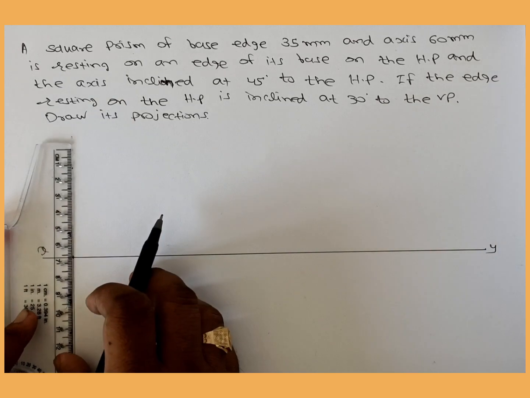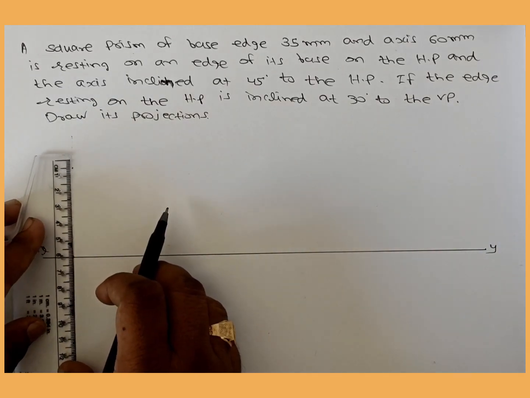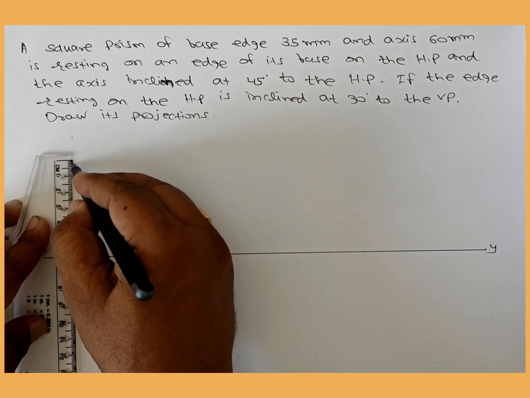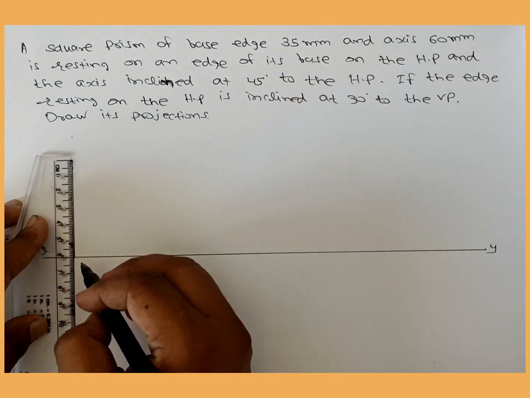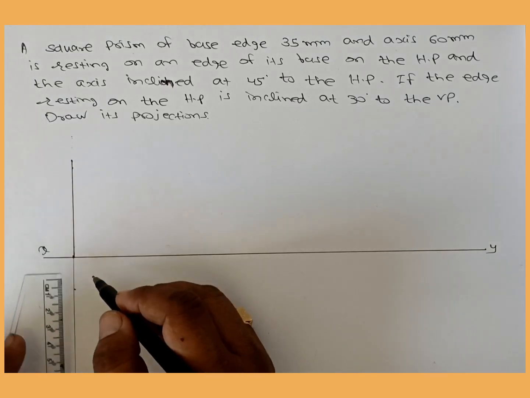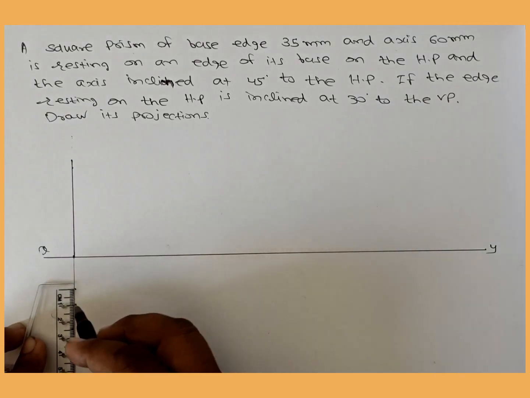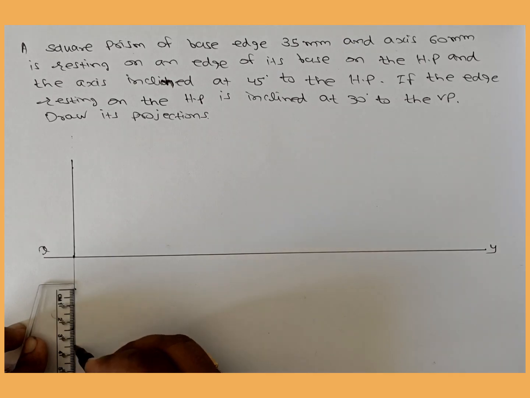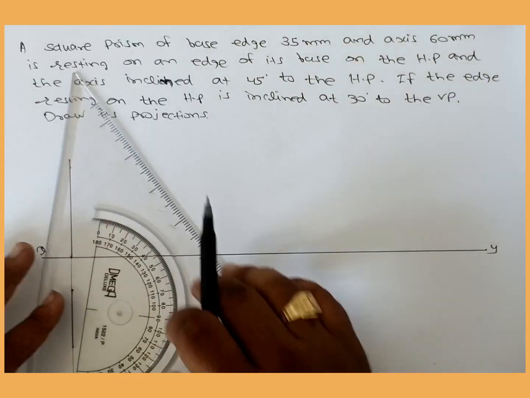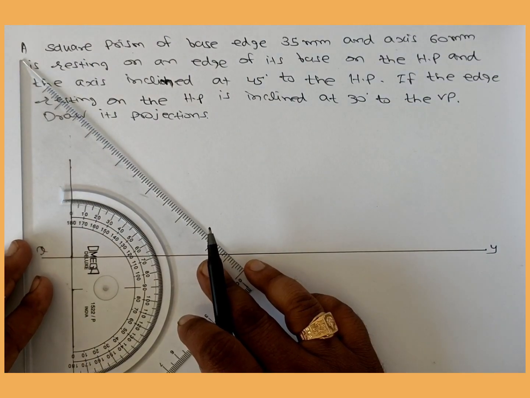Now students, 60 mm height you have to take for the prism. Axis is given as 60 mm. So this is the 60 mm, and up to there you can draw the 35 mm square. From this point we can draw the square.